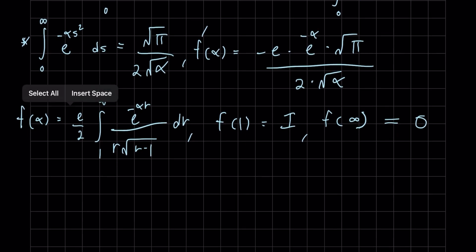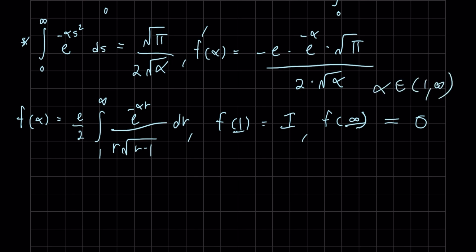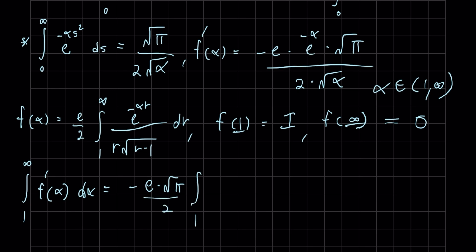And so now from here we will integrate both sides of this expression from 1 to infinity. So alpha is going from 1 to infinity. So we're going to have the integral from 1 to infinity f prime of alpha d alpha is negative e times the square root of pi over 2, the integral from 1 to infinity e to the negative alpha over the square root of alpha d alpha.